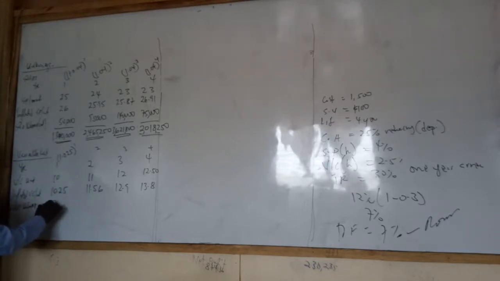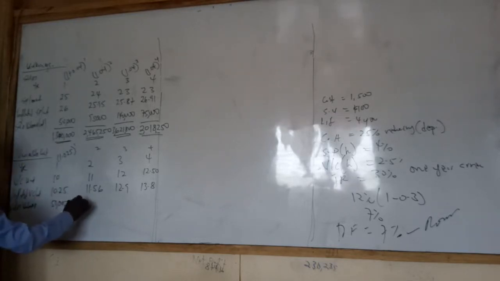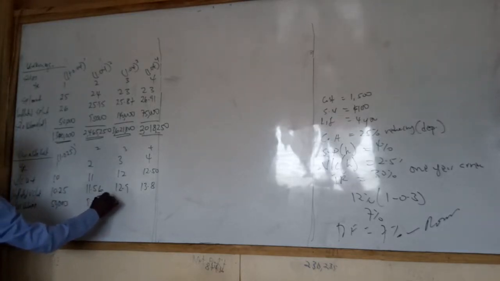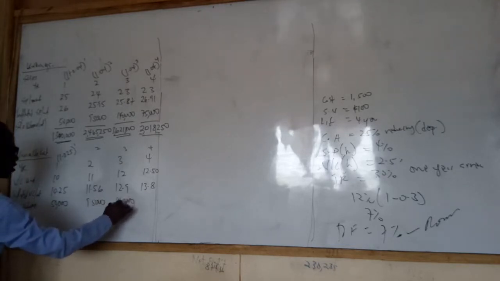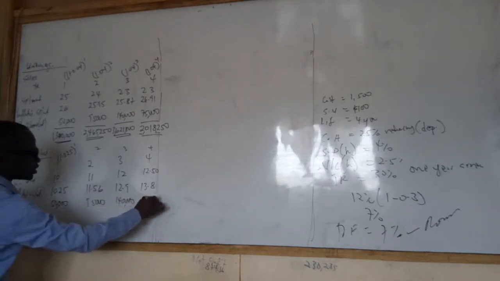Sales volume, same here: 50,000, 95,000, 140,000, and then 75,000. We go for it.